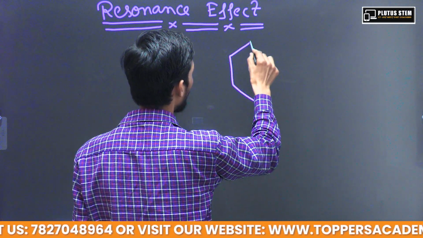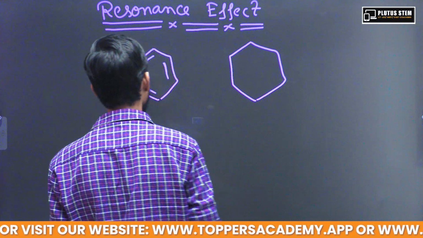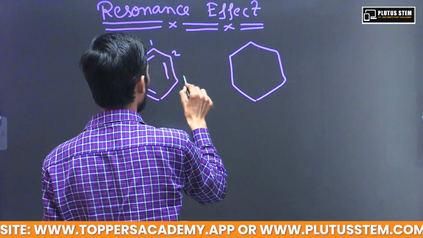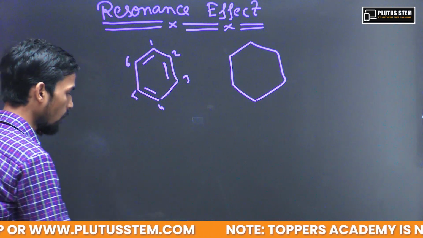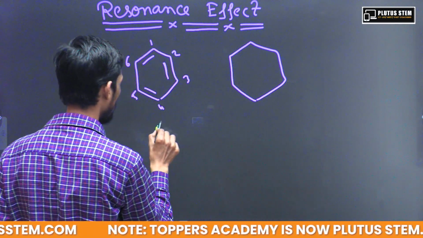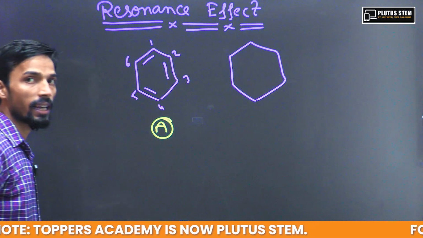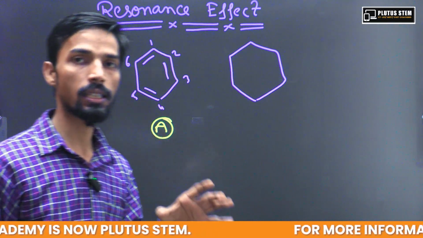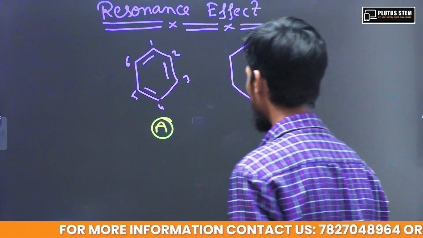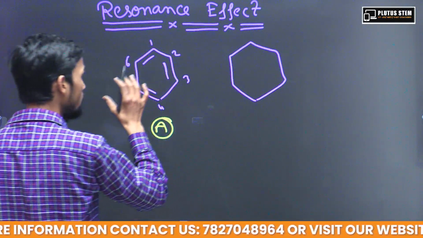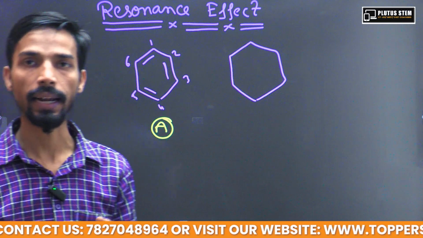If we visualize the structure of this compound, let's say carbons 1, 2, 3, 4, 5, 6, then by visualizing structure A we can assume that it consists of 3 single bonds and 3 double bonds between carbon and carbon.